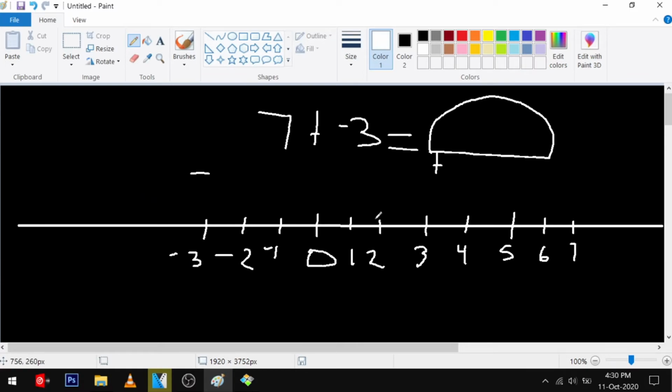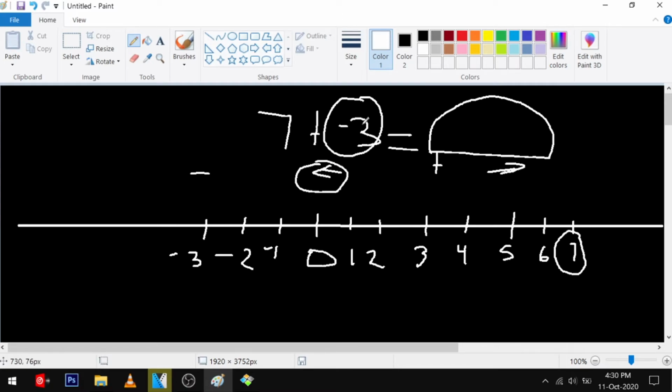All right, so right now if I did this on my number line, I am at +7. Yes, now I am going to add a -3, but remember from the last rule, if we add a negative number, which way will we move? Will we move to the right in that way, or will we move to the left? Because it's negative, we are going to be moving to the left.